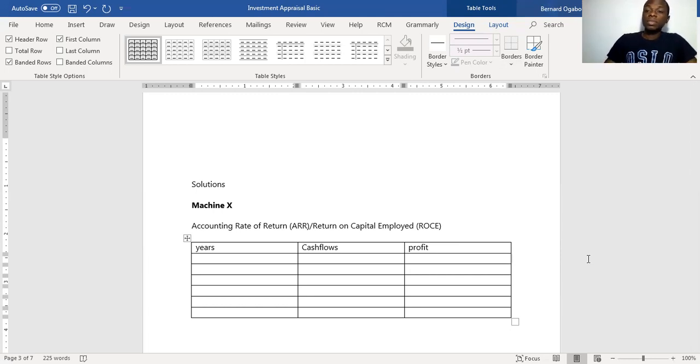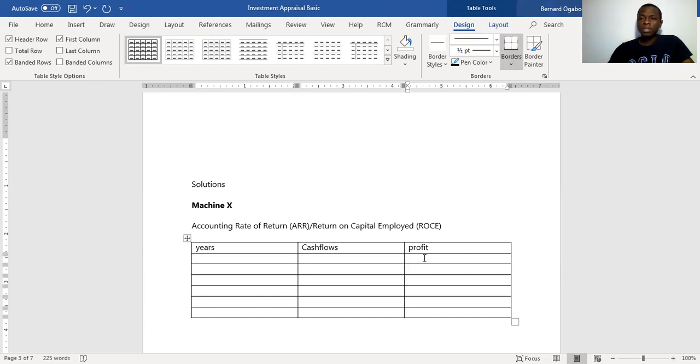Accounting rate of return uses accounting profit. It uses profit. It does not use cash flows. In other words, it uses cash flows less depreciation to give us accounting profit. So in an examination situation, if you are given profit for accounting rate of return, you use it straight ahead.